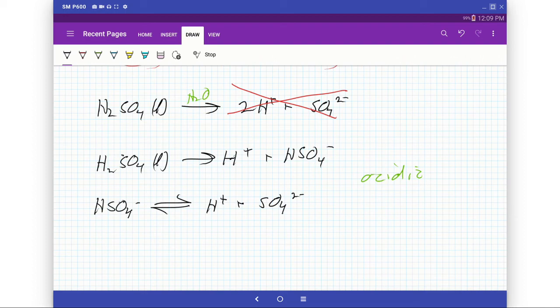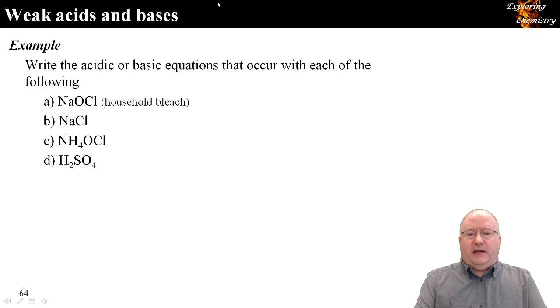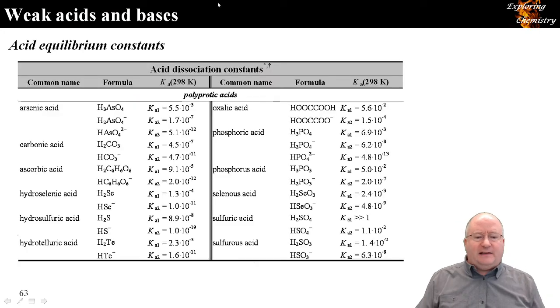If I go back to the data sheet that we had for sulfuric acid, on the bottom right-hand side, H2SO4, Ka1 for the first proton dissociating is much, much greater than 1. It definitely favors the products to the point where it nears completion.